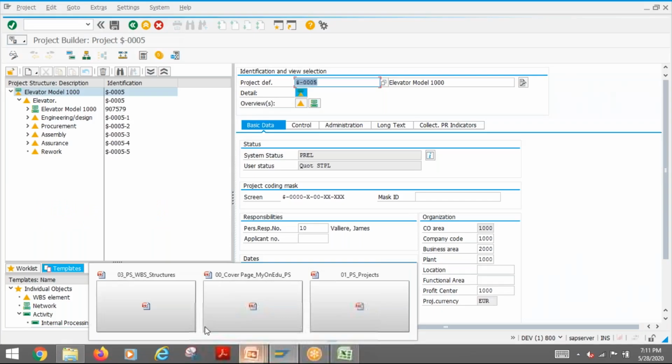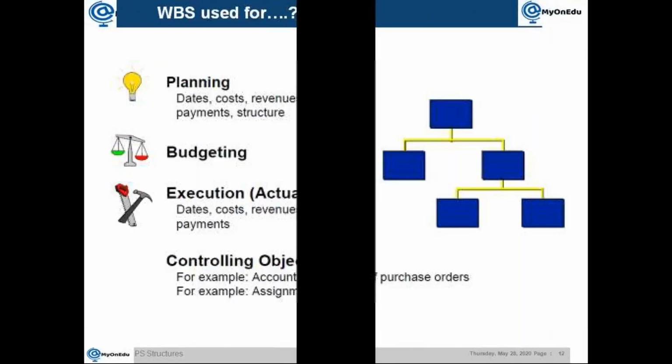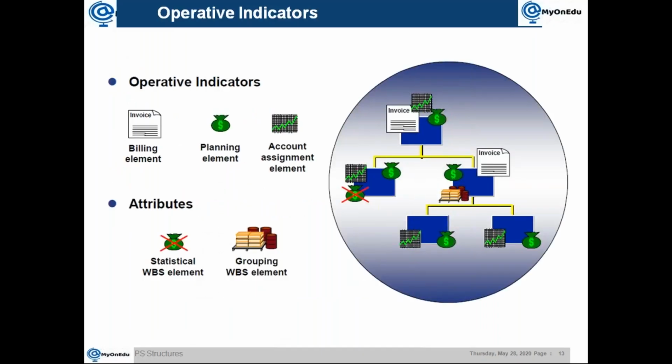Now we'll go into the next things. There are other details called attributes, and also what we call operative indicators. This is very important for a WBS element because it gives the characteristics of the WBS element, how it should behave.